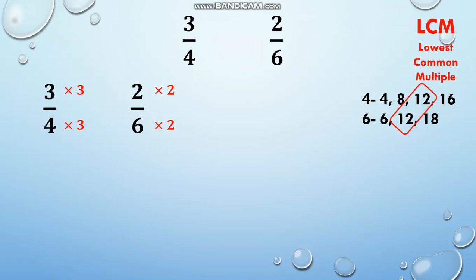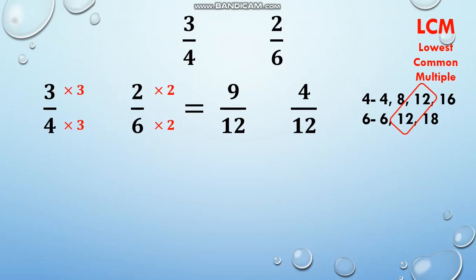Now let's multiply across. 3 times 3 gives us 9. 4 times 3 gives us 12. So the fraction now becomes 9/12. Let's go to the next one. 2 times 2 gives us 4, and 6 times 2 gives us 12. So the fraction now becomes 4/12.